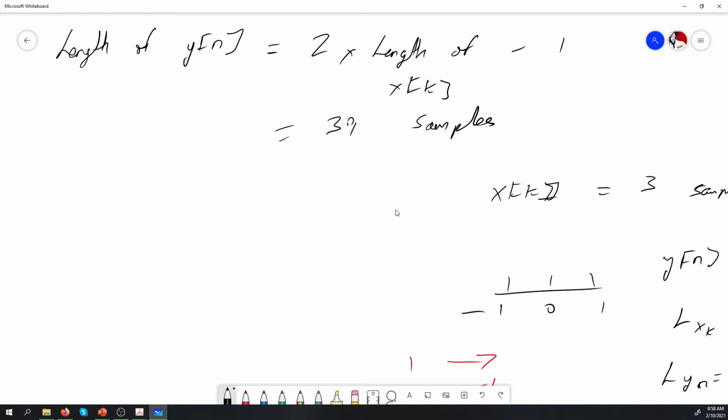So we have the length of that, and start point of y of n was equal at y minus 11. We need to figure out what's going to be our final index.